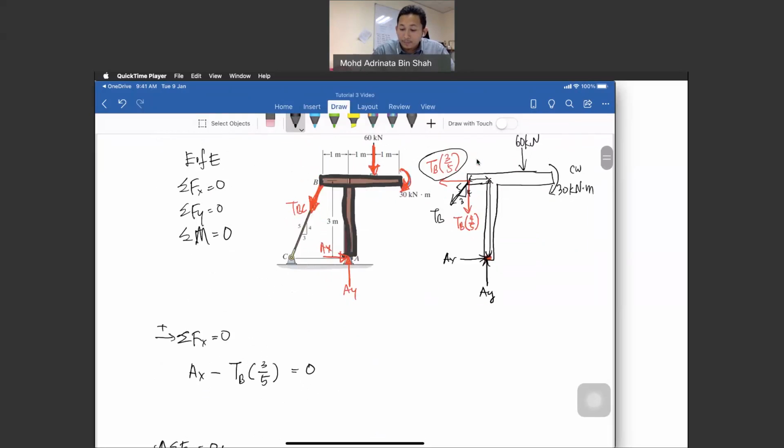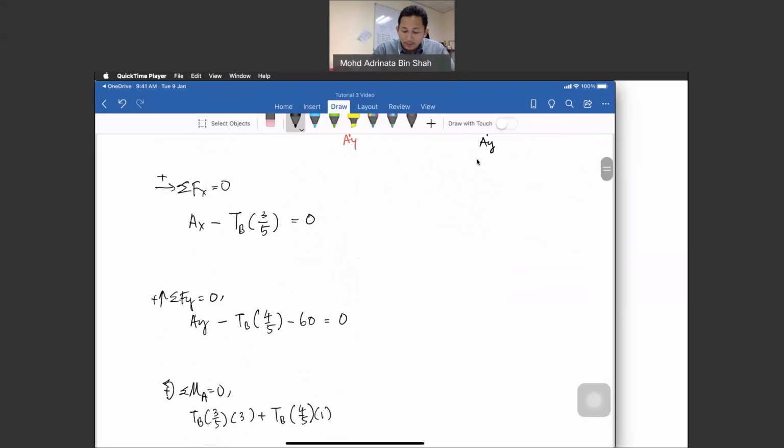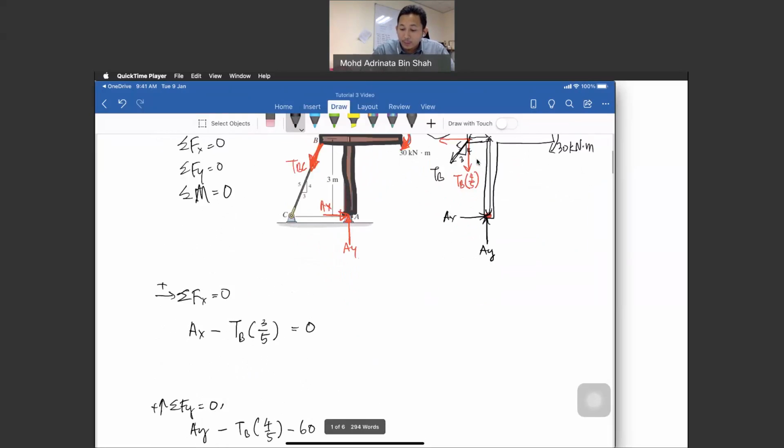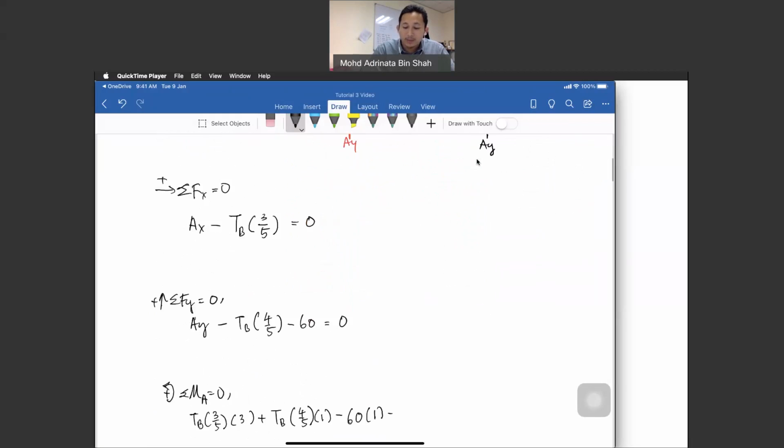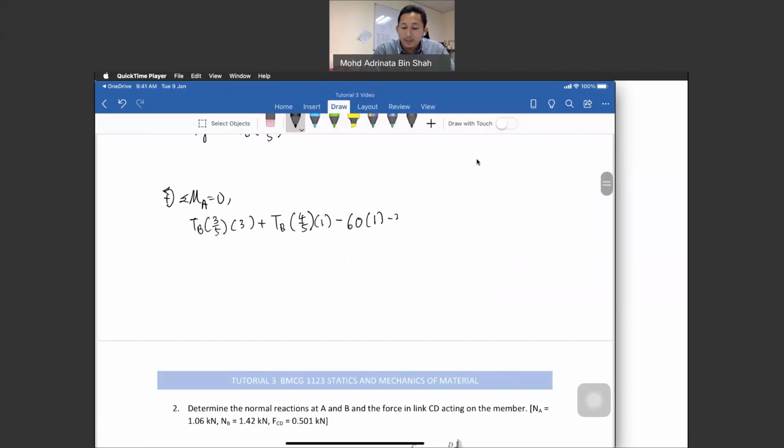And we have another 60 kilonewton. Because it is clockwise direction, 60 kilonewton times 1 meter the distance. And last one, we have 30 kilonewton meter clockwise, 30 kilonewton meter equals to 0.